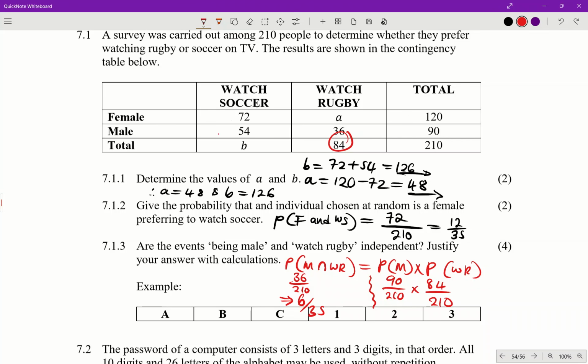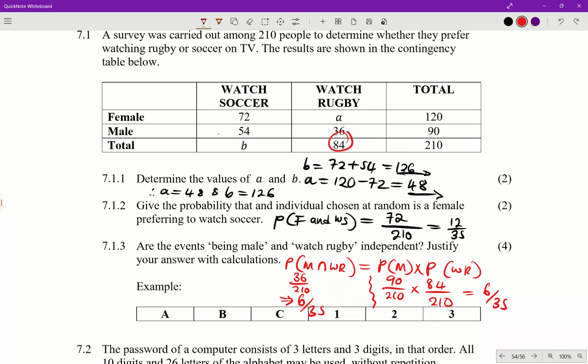So now let's see what we have here: 90 all over 210 multiplied by 84 all over 210. You see, this is also 6 all over 35.